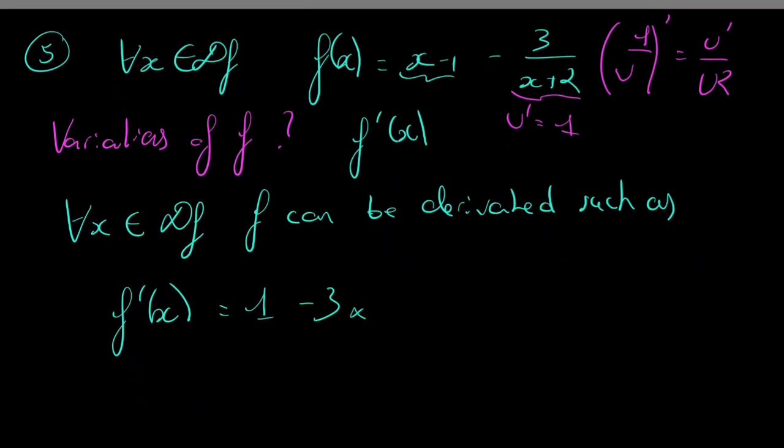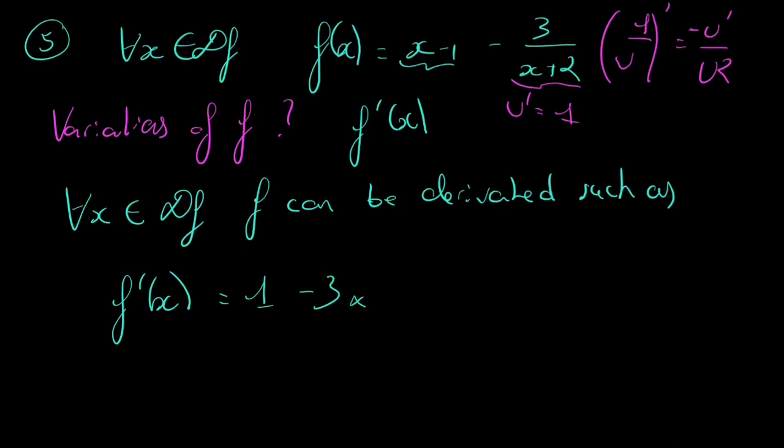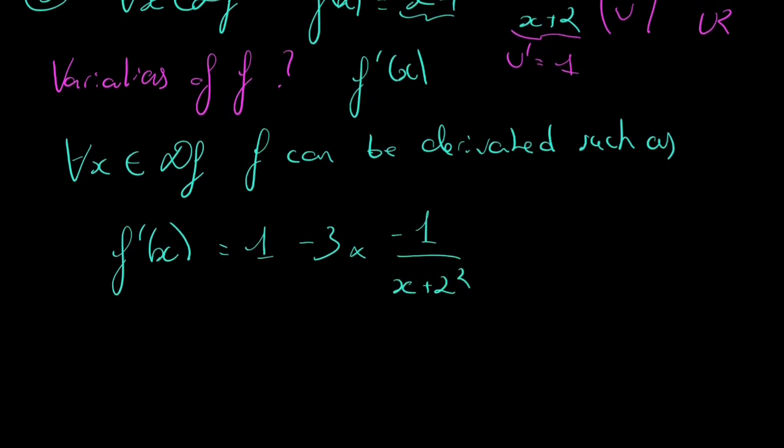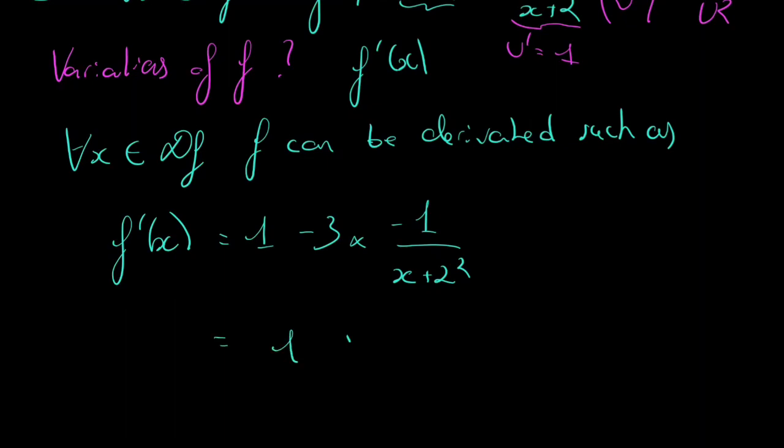So we've got minus 3 times minus 1 over x plus 2 squared. And so the derivative is 1 plus 3 over x plus 2 squared. Okay, this is x plus 2 that is squared.